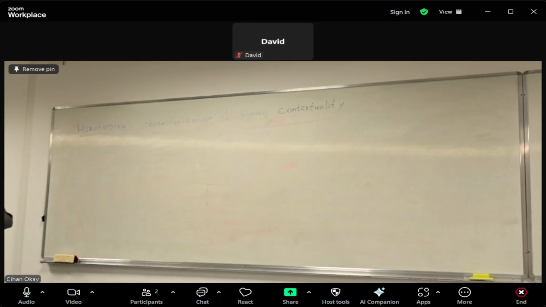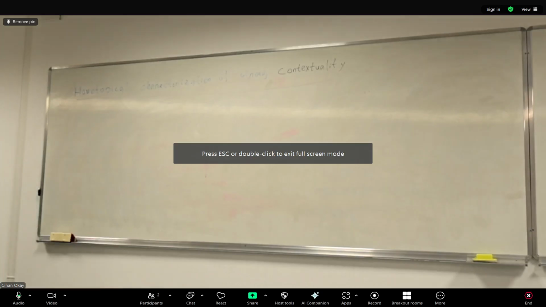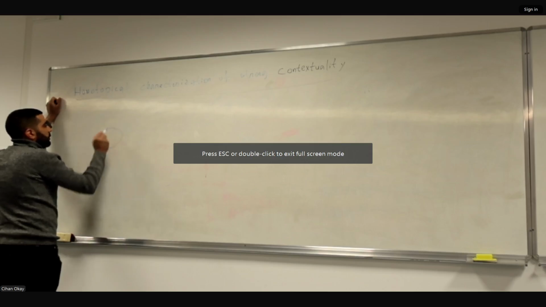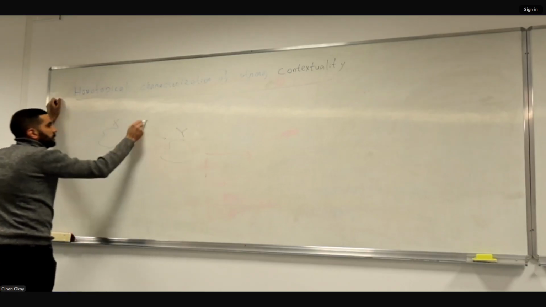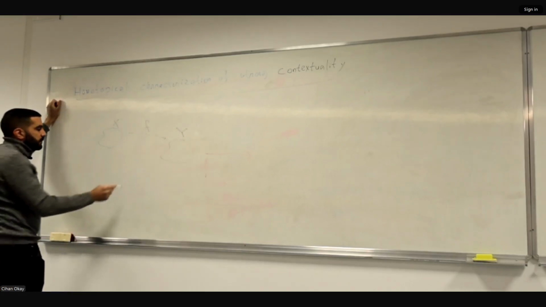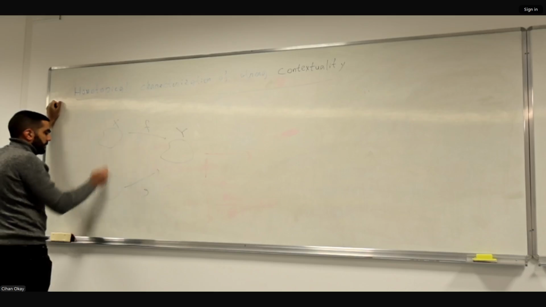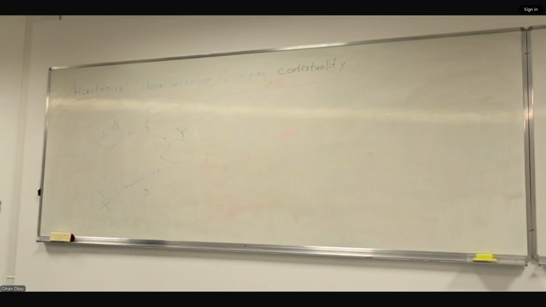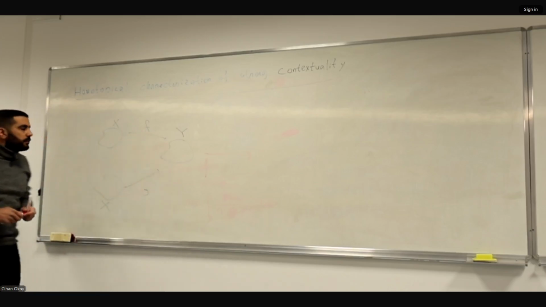Okay, let's start with homotopy. I want to remind you the relation between two maps. If we have two maps from the same x to y, between topological spaces, one can ask if we can move from one map to the other in a continuous way.